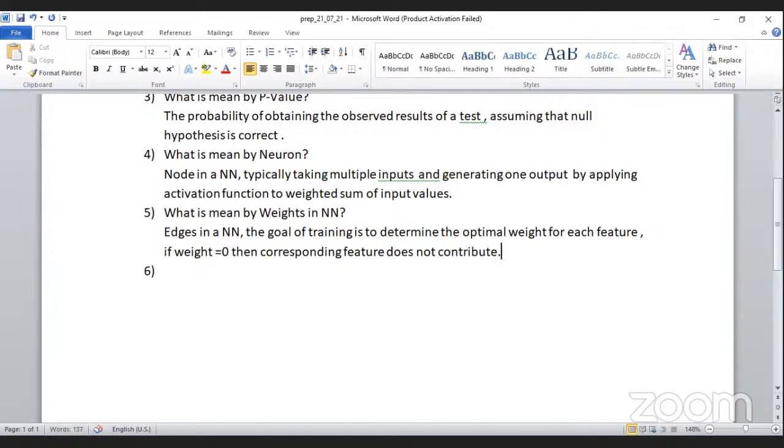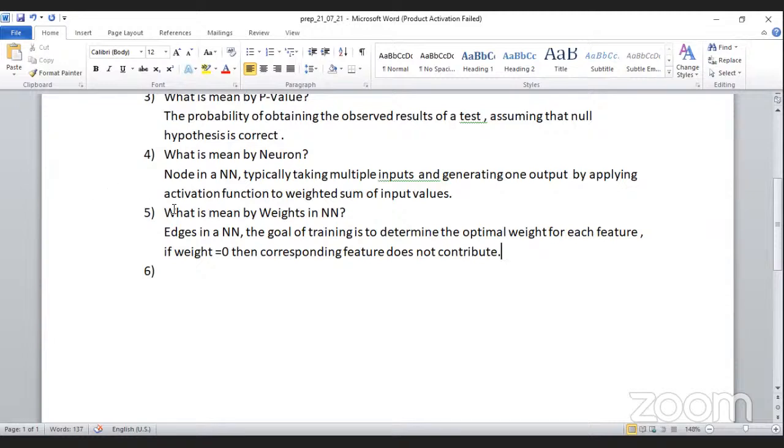So it's nothing but an edge in our neural network, meaning we are trying to optimize that edge in our model. If we are able to optimize that part, then our model has good features which are contributing towards our prediction. So that is nothing but a weight in neural networks.